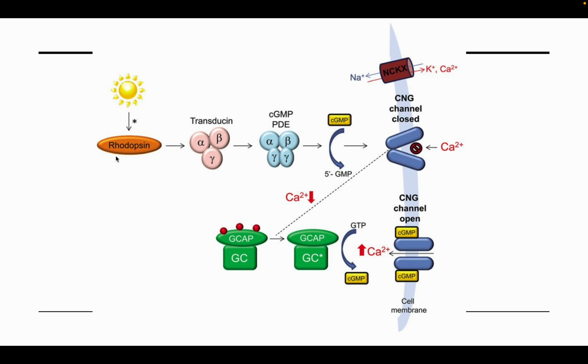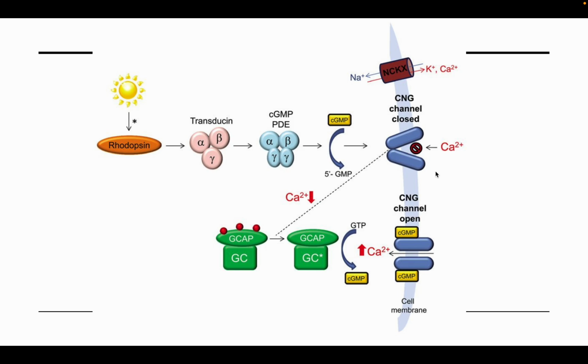As we can see, when light hits your eyes, cGMP gets cleaved into GMP, so that goes away, and that causes calcium not to be able to come into the cell, because the channel will close due to the lack of cGMP.